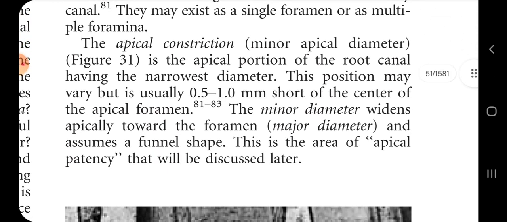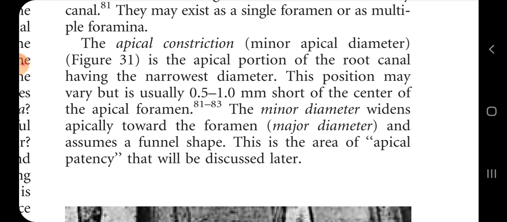Now let's talk about the apical constriction or minor apical diameter. Apical constriction or minor apical diameter is the apical portion of the root canal having the narrowest diameter.